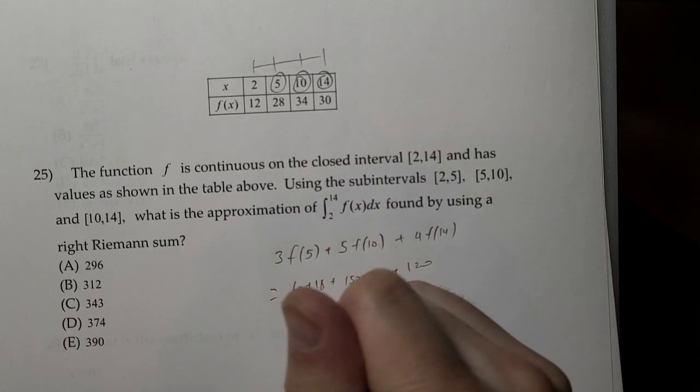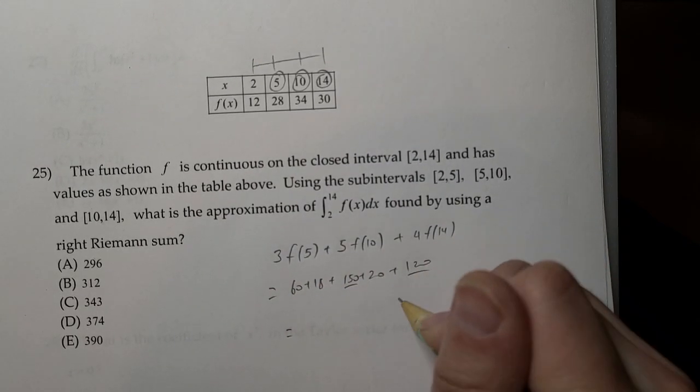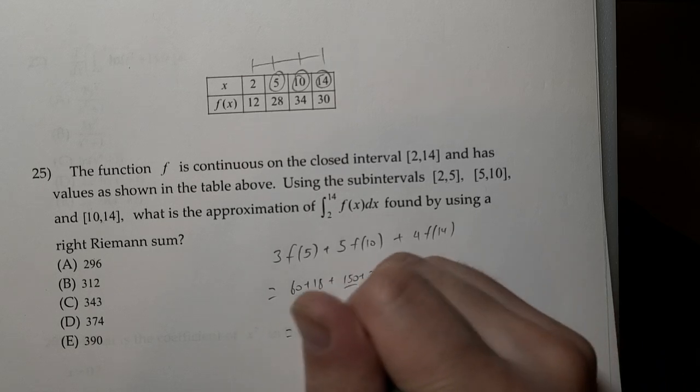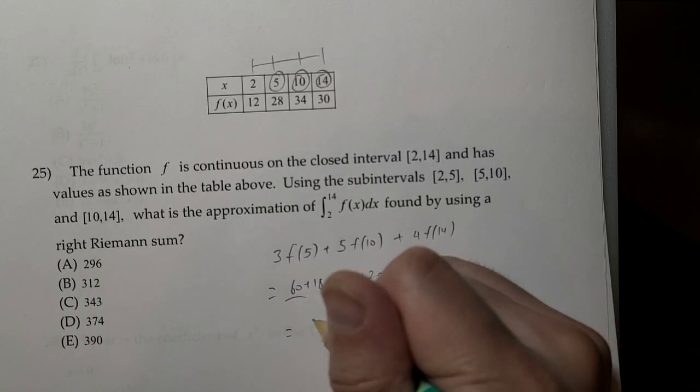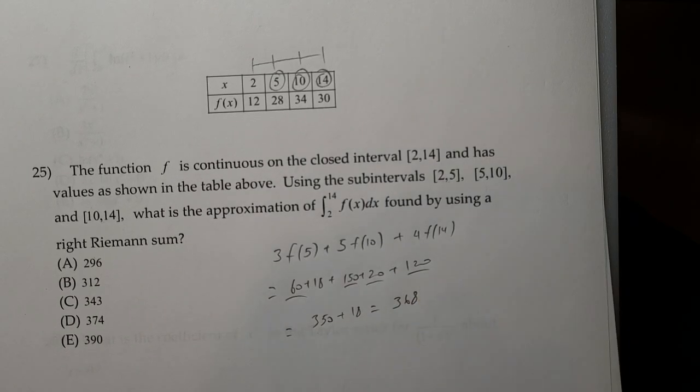So this is 270, 330, 350 plus 18, that is 368.